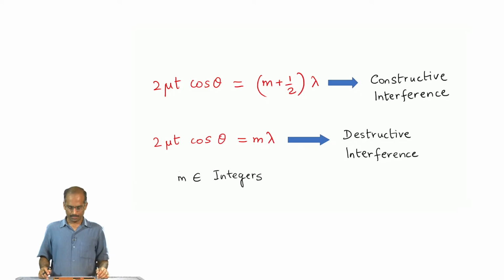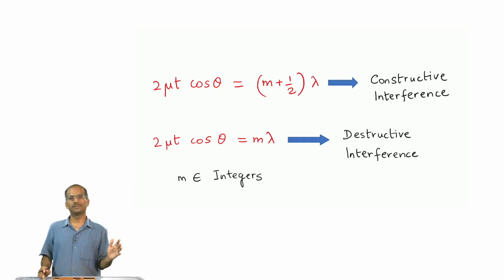And if 2 mu t cos theta is equal to an integer multiplied by the wavelength, then you will see destructive interference, which means that the two beams are precisely in antiphase and they cancel with one another, whereas in the case of constructive interference, both waves are precisely phase matched.